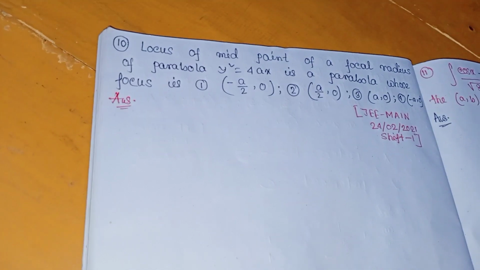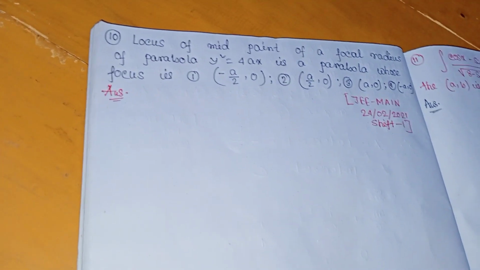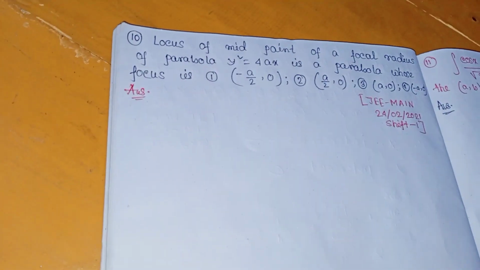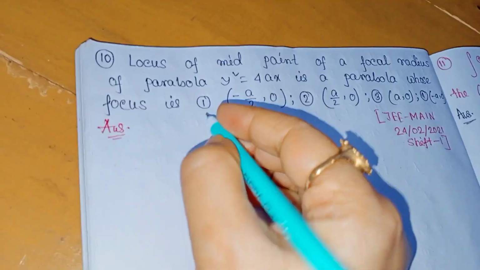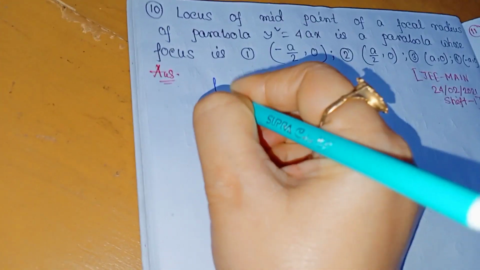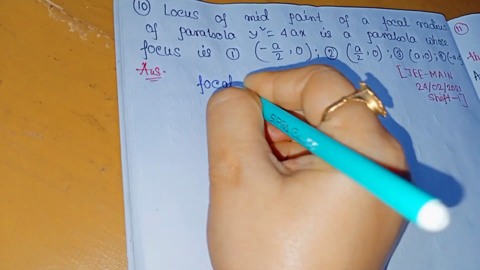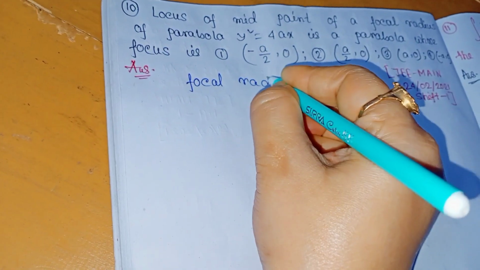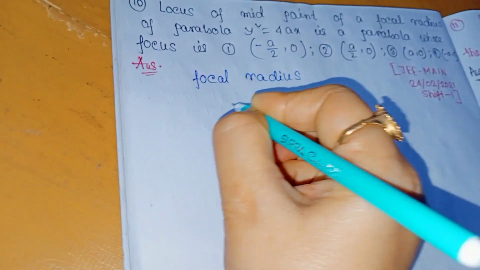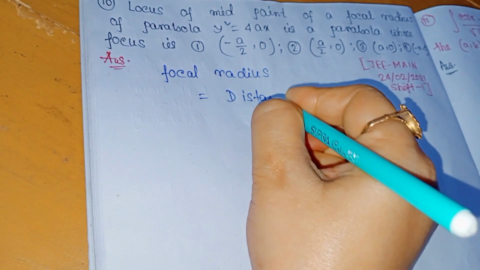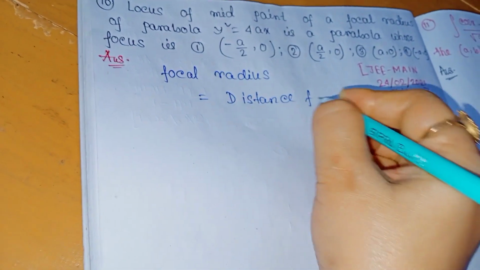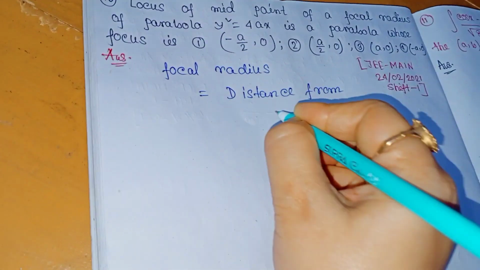Focal radius. Focal radius means distance from focus. Mention one thing: focal radius is equal to distance from focus.